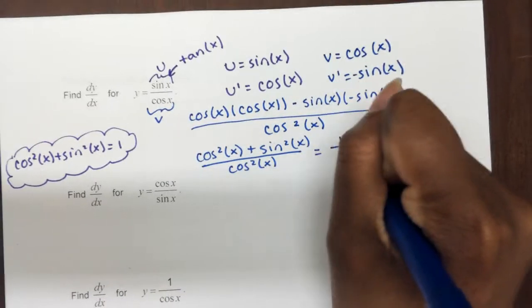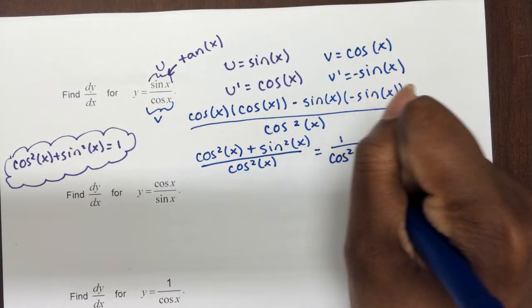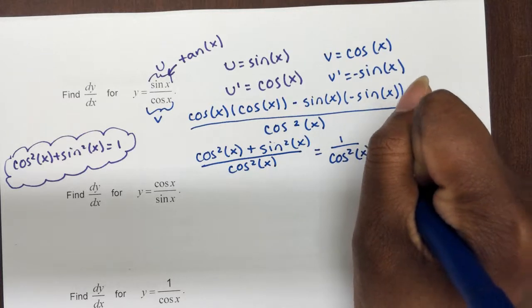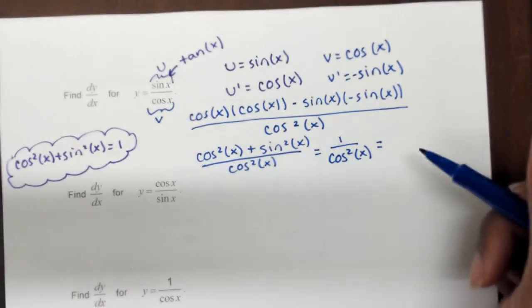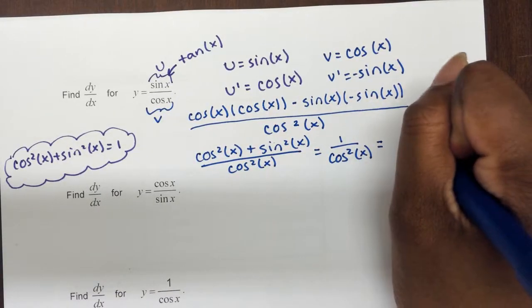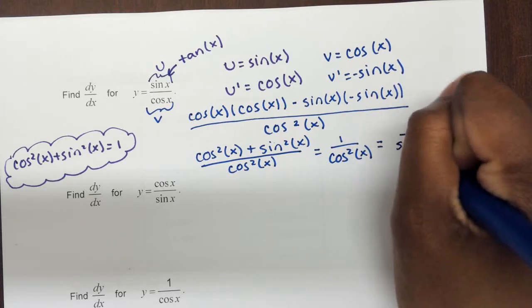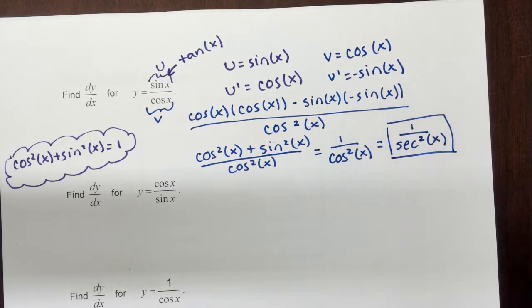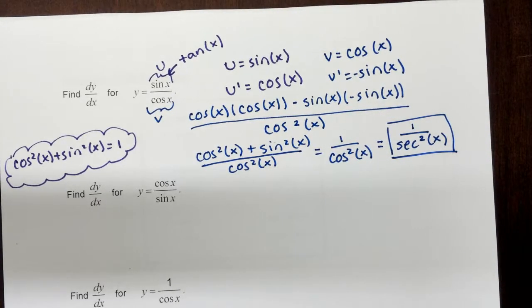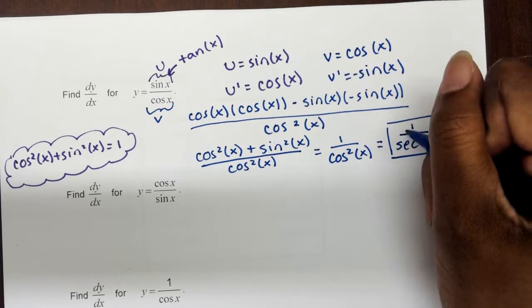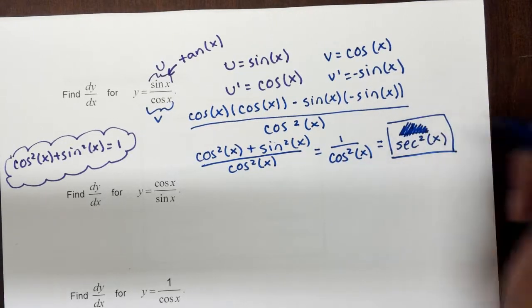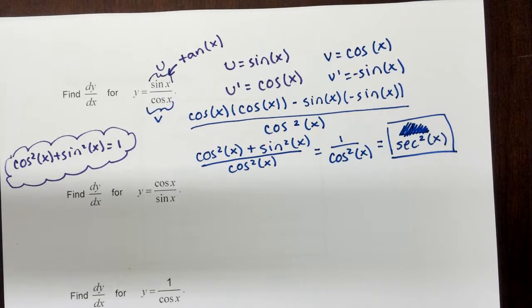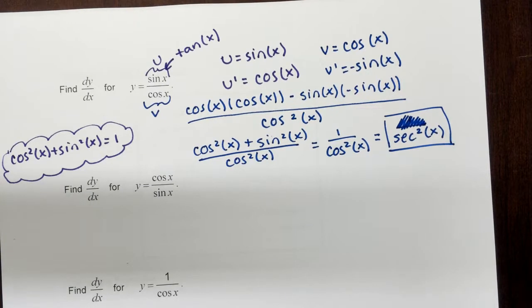So the top is now going to reduce to 1 over cosine squared x. 1 over cosine we know is secant, so 1 over cosine squared is secant squared x. Oops, sorry, not 1 over secant squared. The derivative of tangent is secant squared x, because 1 over cosine is secant. My apologies.